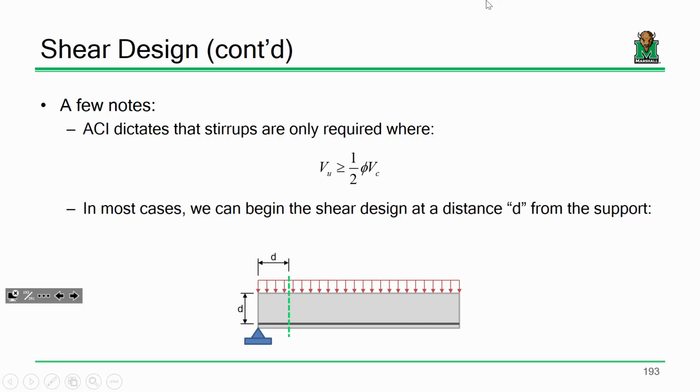That load takes some time to propagate throughout the section. The way that ACI handles that is they give that bearing load a little bit of room to propagate before we start designing for shear. The code says x equals d is a reasonable value to go off of. The behavioral reason is that it gives those bearing forces time to propagate throughout the section.